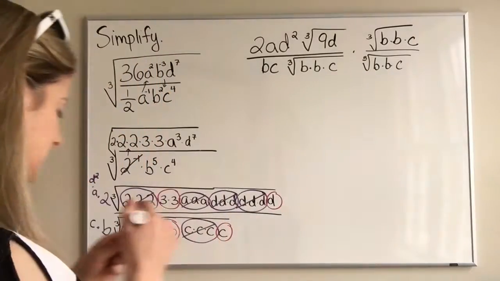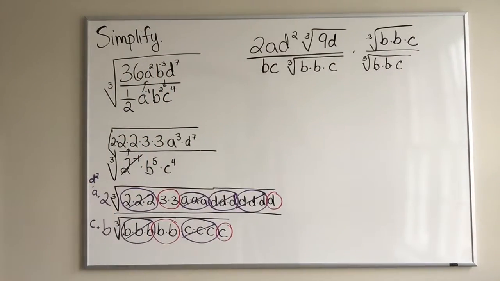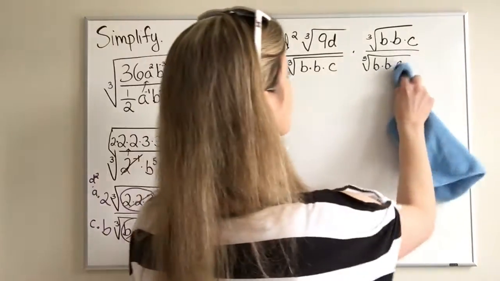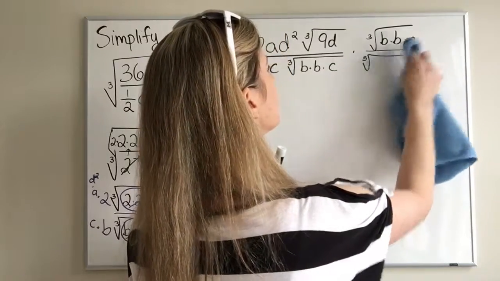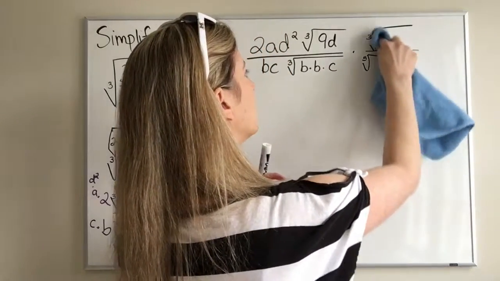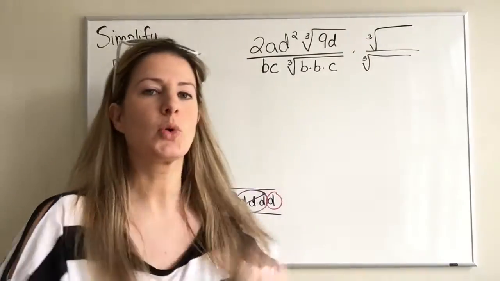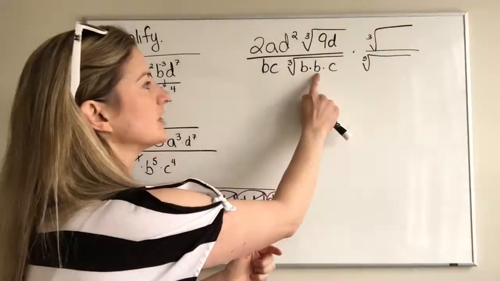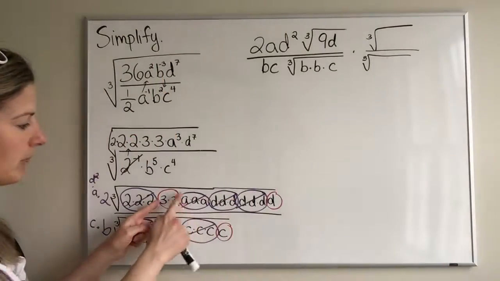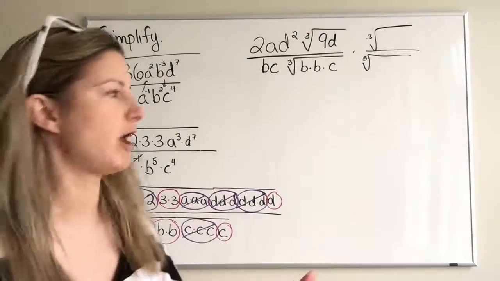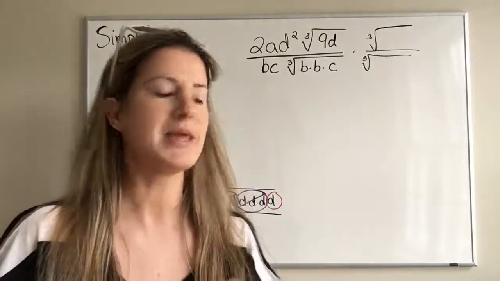So let's think about this. I'm going to leave the cube root there because we're going to do something with it. If I want to create a perfect cube, I've got 2 b's, and remember, perfect cubes are when we have 3 of them. Well, I just need 1 more b.